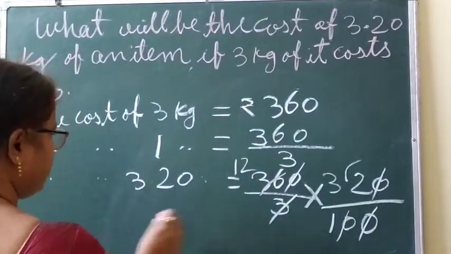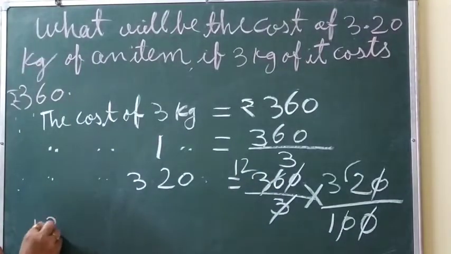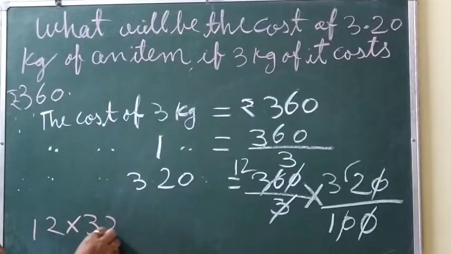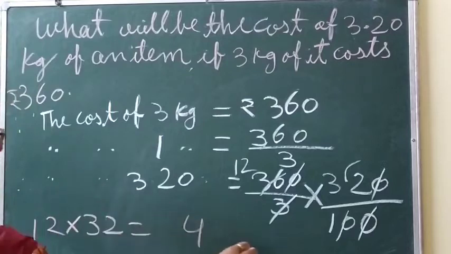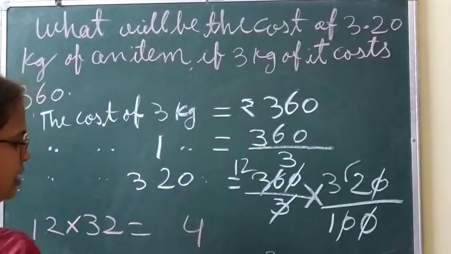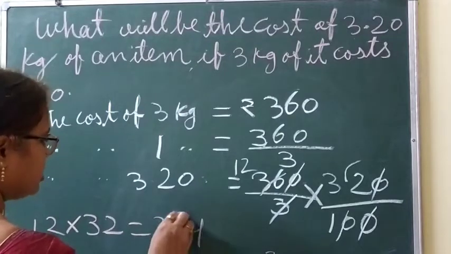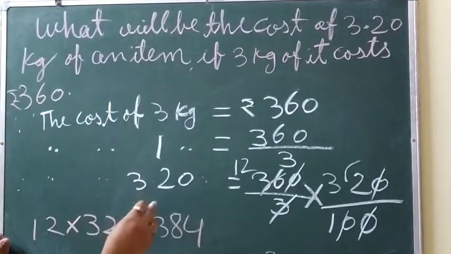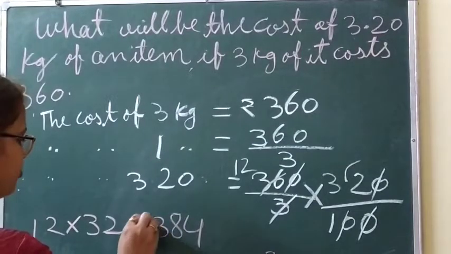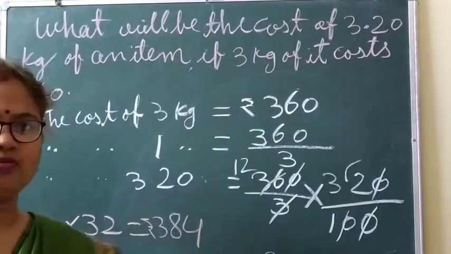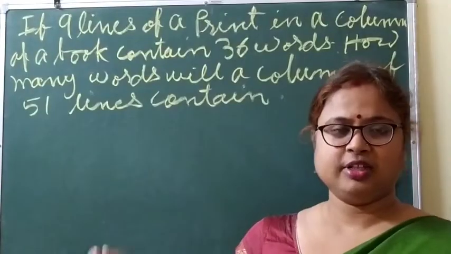So what we have? We have 12 into 32. So 12 twos are 24, 4, then 2 here. Then 12 threes are 36, 36 and 2, 38. So the cost of 3.20 kg will be rupees 384.